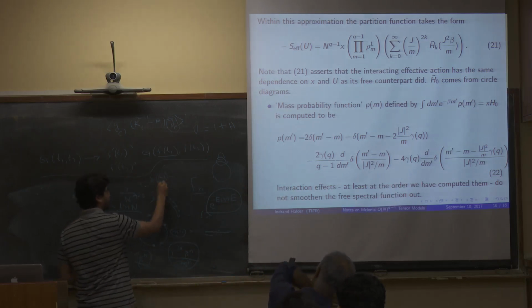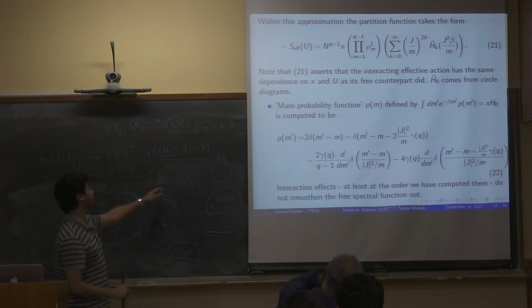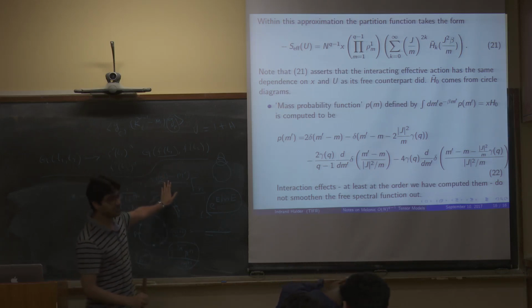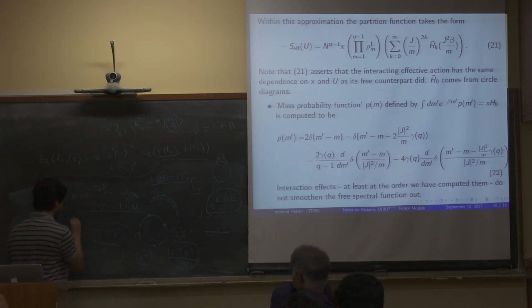At the mass of the fermion you had a delta function. So you are turning on the interaction and then you are asking the question, is there any change in this thing? Usually it was peaked somewhere and then it can broaden due to interactions.